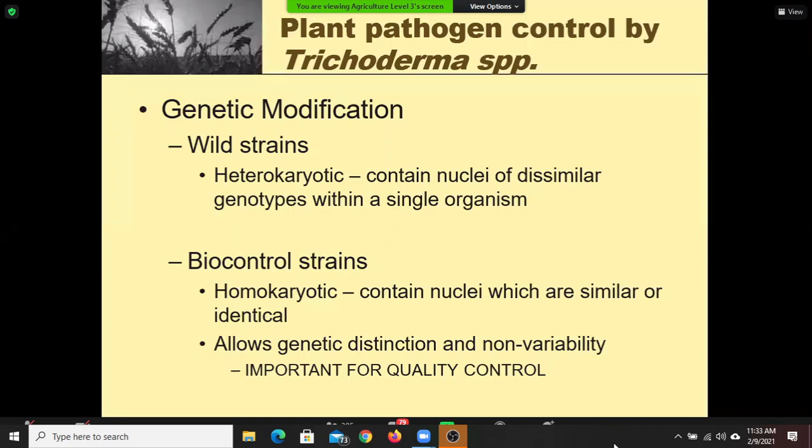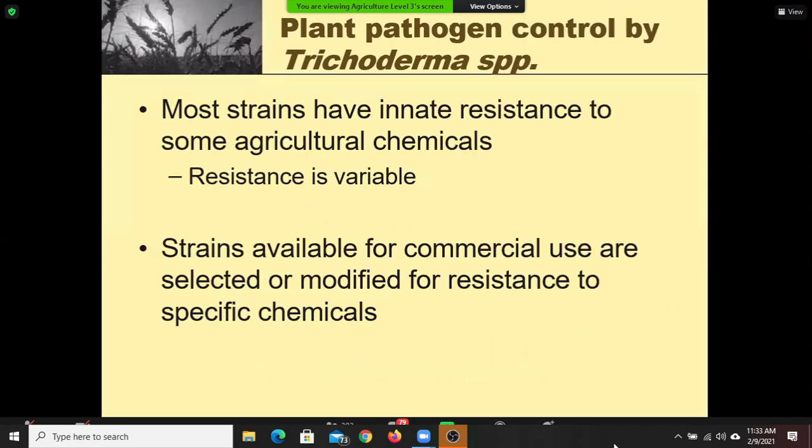We need homokaryotic trichoderma or homokaryotic biocontrol agents. You can see here, most strains have innate resistance to some agricultural chemicals, whereas some strains available for commercial use are selected or modified for resistance to specific chemicals.